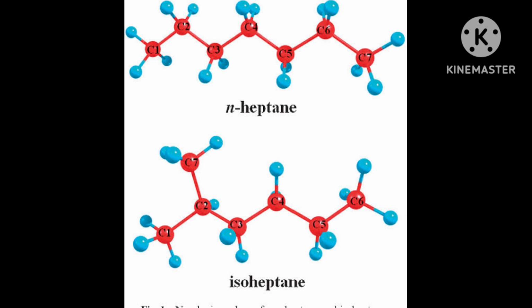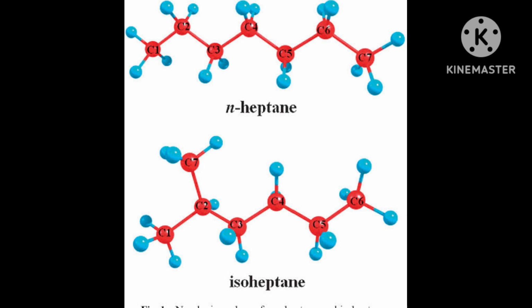Octane numbers of gasolines are defined with reference to normal heptane and isooctane. Isooctane means C8H18, carbon number is 8. These two are considered as standard.